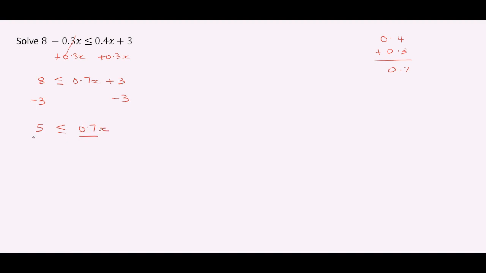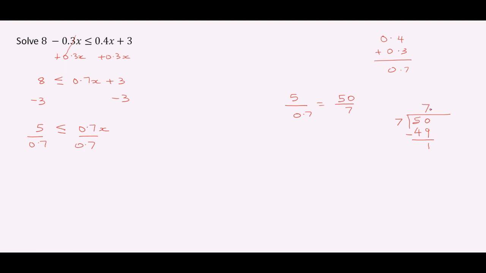Now we're going to divide both sides by 0.7. So 5 divided by 0.7 is going to be the same as 50 divided by 7. 7 times 7 is 49. Subtract that, we have 1.